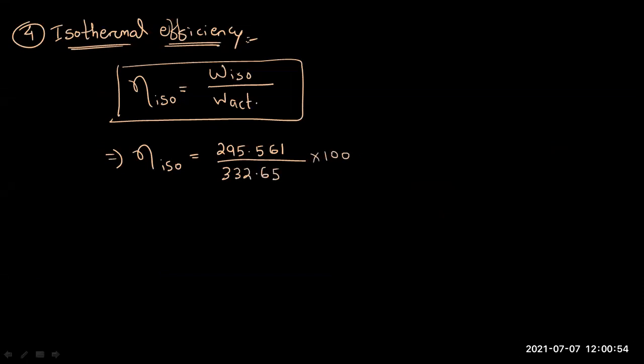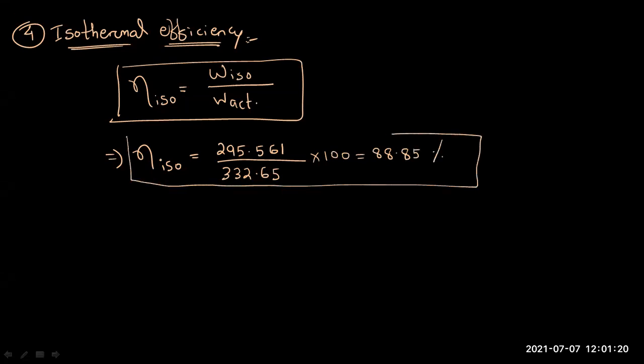If we multiply by 100, we will get the isothermal efficiency. How much are we getting? Around 90%, I think. 88.85%. This is the answer. This is the final answer.